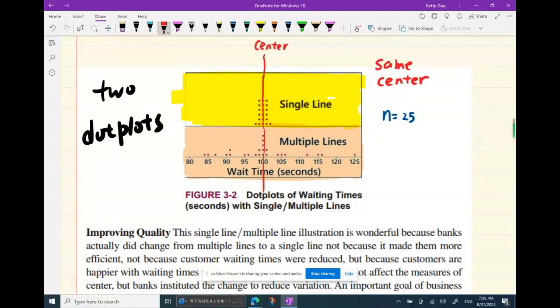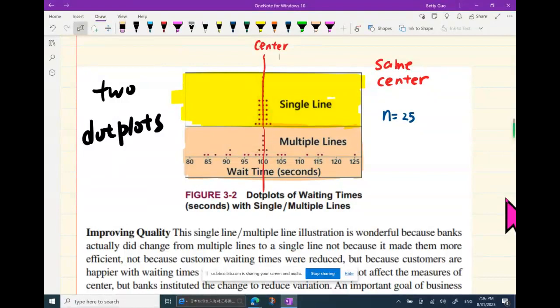So as a customer, would you like the bank to adopt a single line or multiple lines? Think about two companies providing the same type of products. On average, the quality is similar.